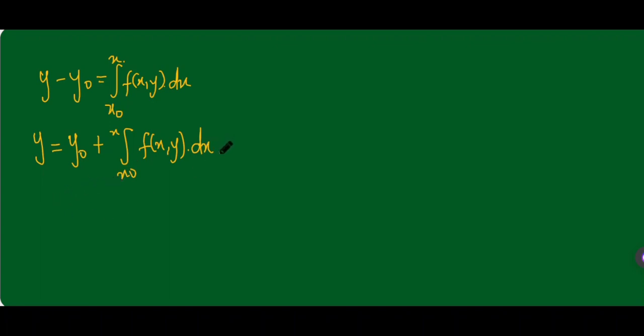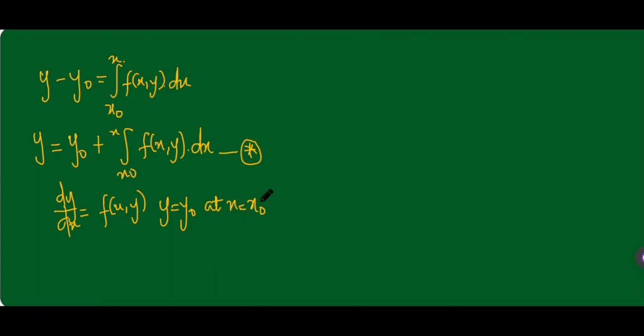So this, let's call this equation asterisk. So equation asterisk is the solution of the differential equation dy/dx is equal to f(x, y) subject to the conditions y is equal to y naught at x is equal to x naught.